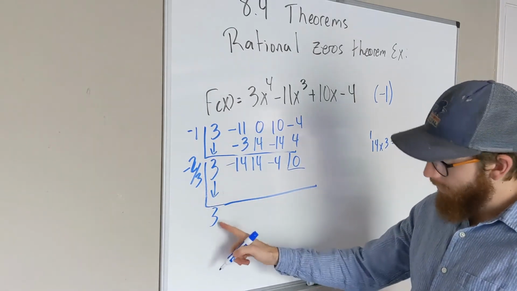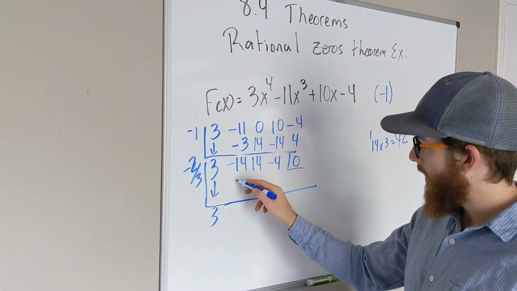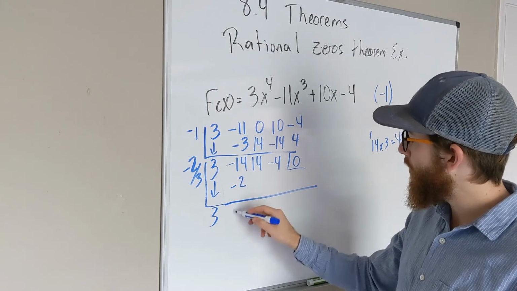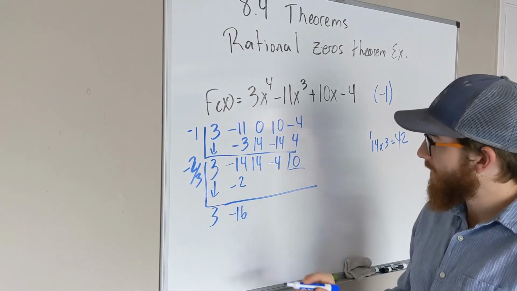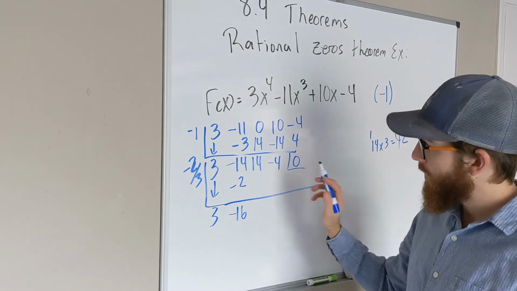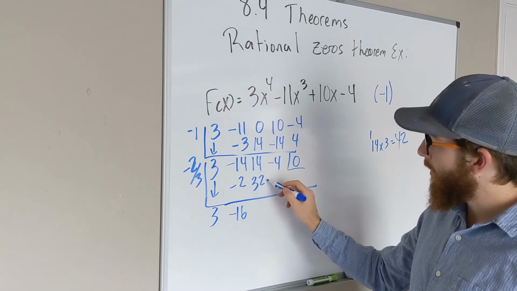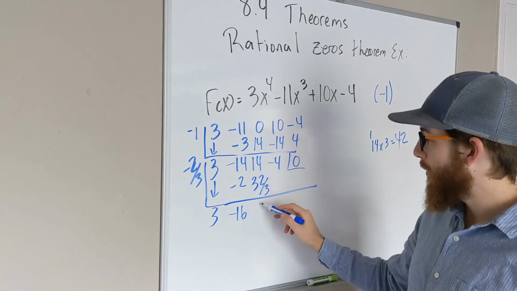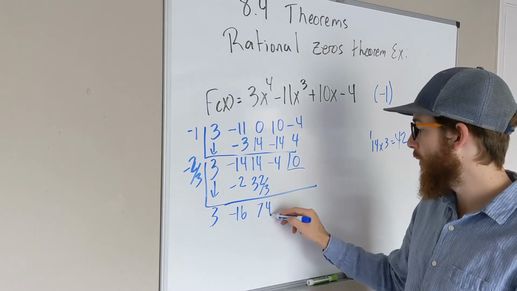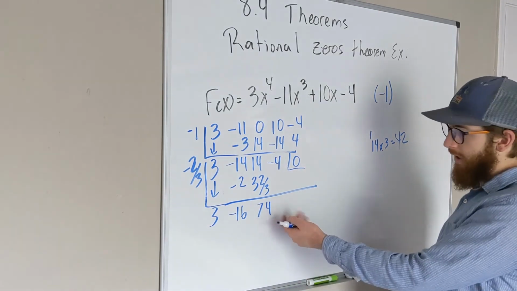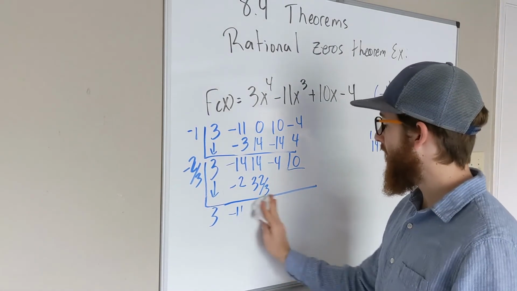Okay, so negative 2/3 and 3 is negative 2, so that'd be negative 16. Negative 2 and negative 16 is 32/3, but then this was 42, so what's 42 plus 32? 74. Okay, this is getting bigger again, 74/3. It's getting bigger again and again, so that's not going to work either.